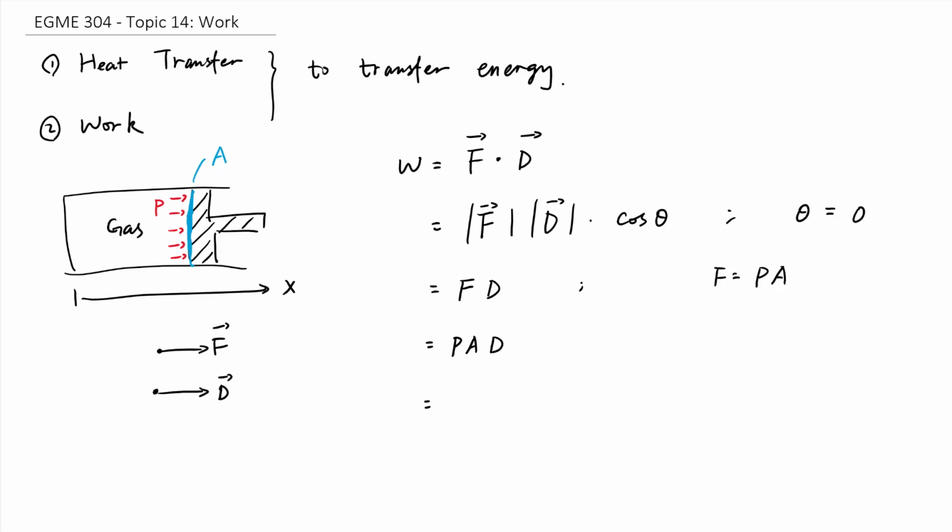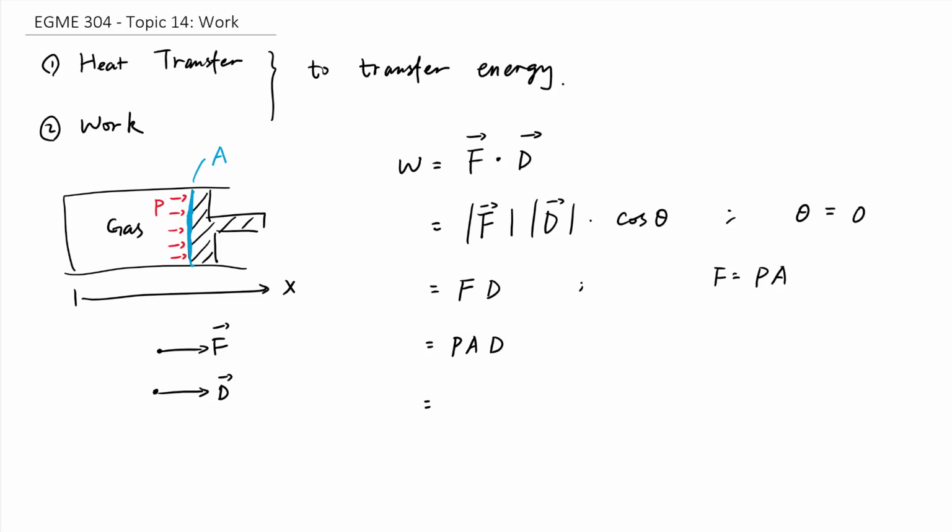As the gas expands, what's going to happen to the pressure? Will pressure remain constant or will pressure start to go down as the gas expands? So pressure will actually be going down as expansion happens. So this P is not a constant. That makes the calculation more difficult because there's no way we can replace P with a definitive number since it is not constant.